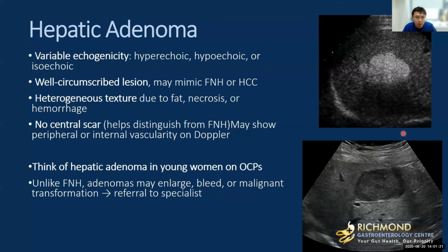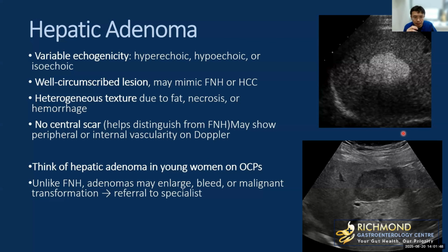Hepatic adenoma. This is one of those lesions you need to differentiate between FNH and also hepatocellular carcinoma, because this is also hyperechoic. So it can be hyper or hypoechoic. Hepatic adenoma, like any kind of adenoma you see in the gastrointestinal tract, it can grow and it can have some malignant potential.